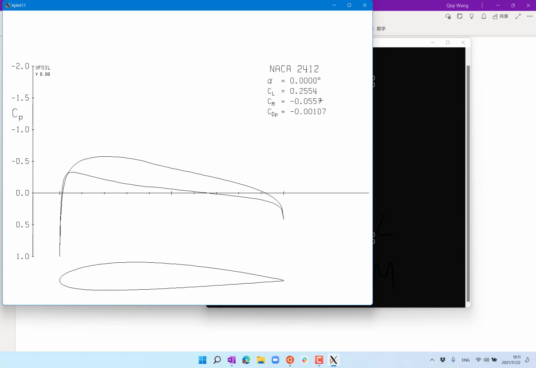That means the center of lift is not very close to the quarter chord. Being negative means a moment that tries to raise the head or tries to lower the head.